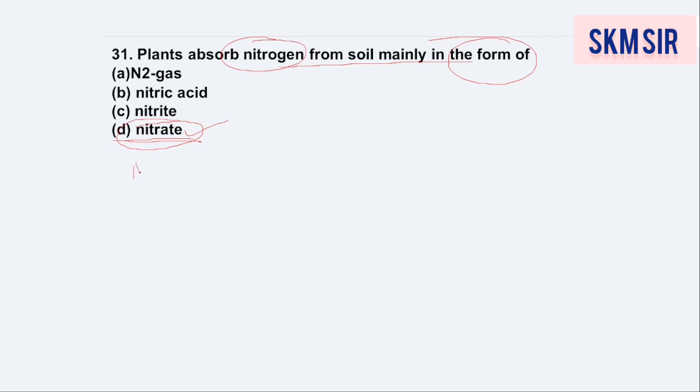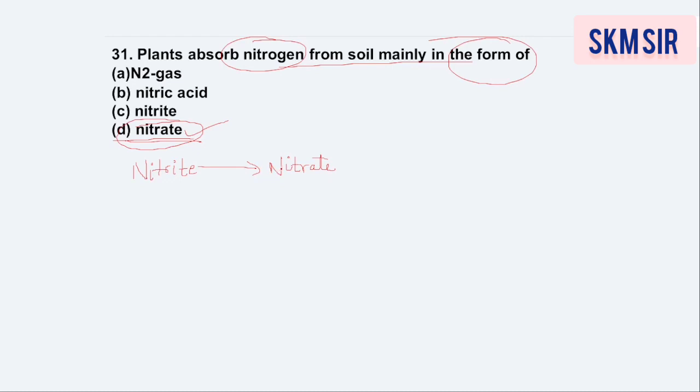Do you know that nitrite gets converted to nitrate, and it is in the form of nitrate only that it is absorbed from the soil? And which bacteria is responsible for this conversion, nitrite to nitrate? Yes, answer, dear students. Which bacteria is responsible? This reaction is performed by Nitrobacter.